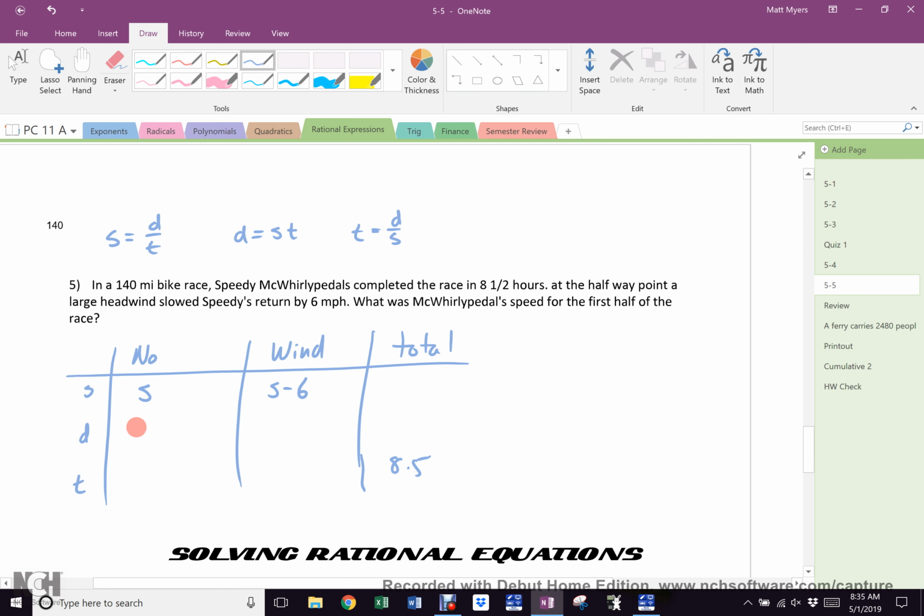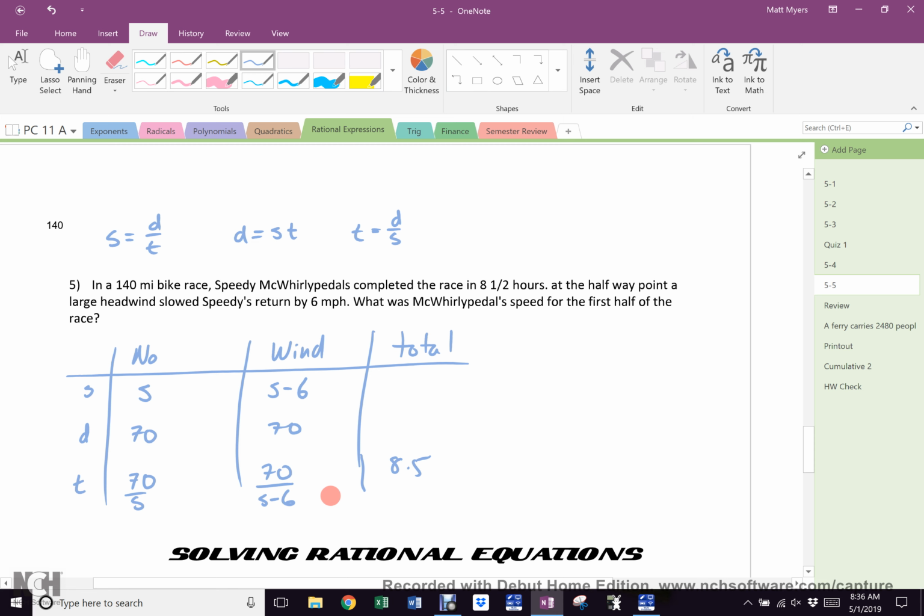Anyway, what was the distance? 70. What's the time? I did the order differently to mess with your heads. What is the time? 70 over S, and 70 over S minus 6.